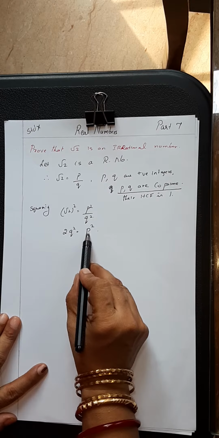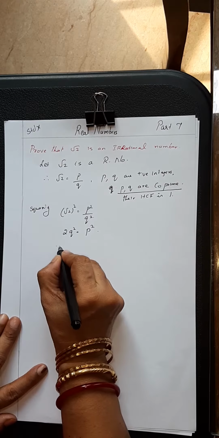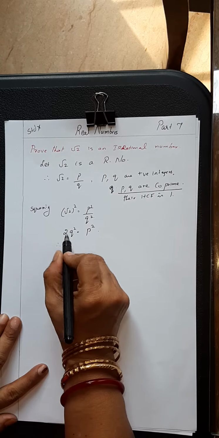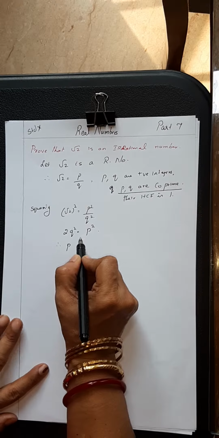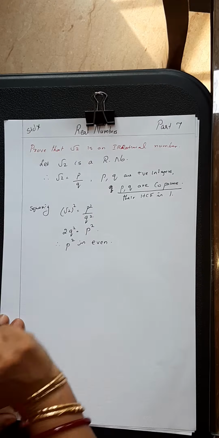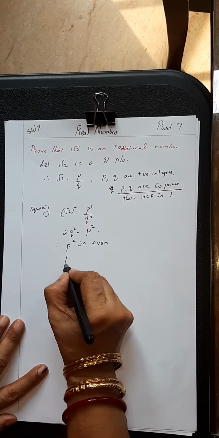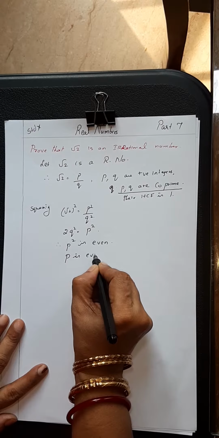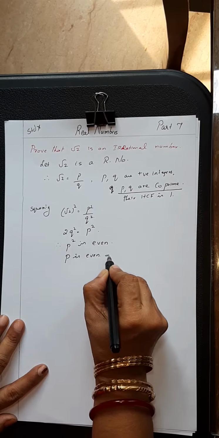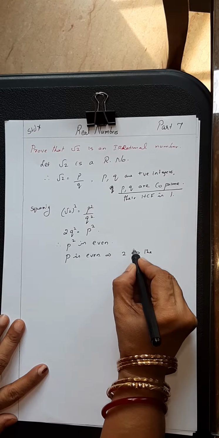From this you can say p squared is equal to 2q squared. Any number you multiply by 2 is even, so p squared is even. If p squared is even, then p is even. Even means 2 is a factor.